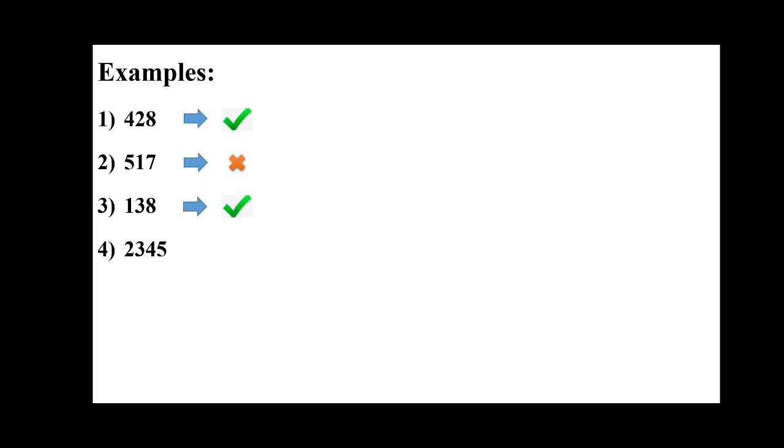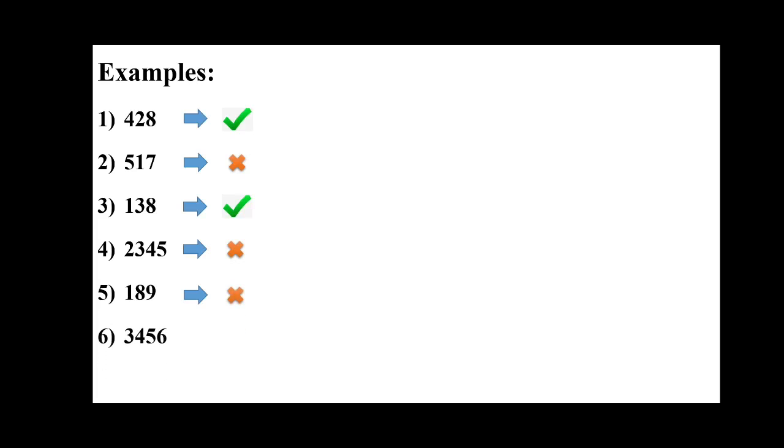So 2345 is not divisible by 2. Next, 189. The ones place digit of 189 is 9. So 189 is not divisible by 2.